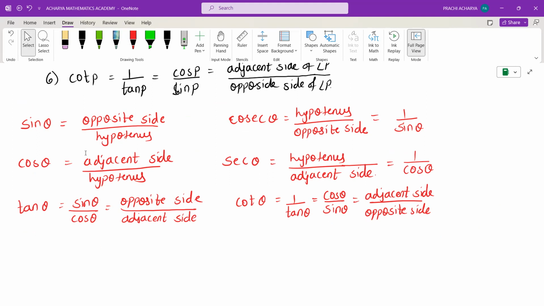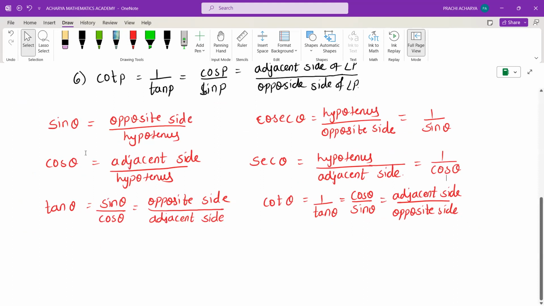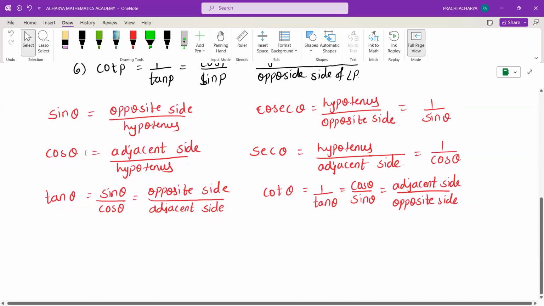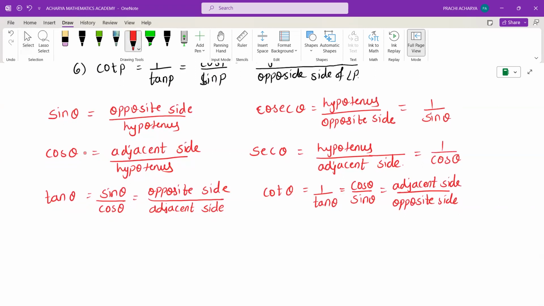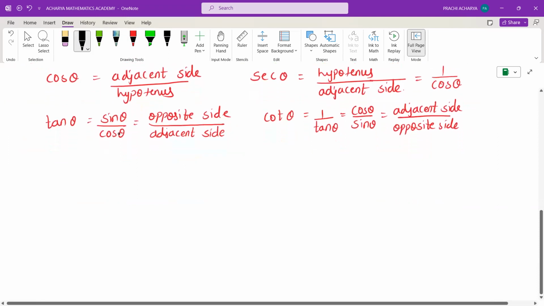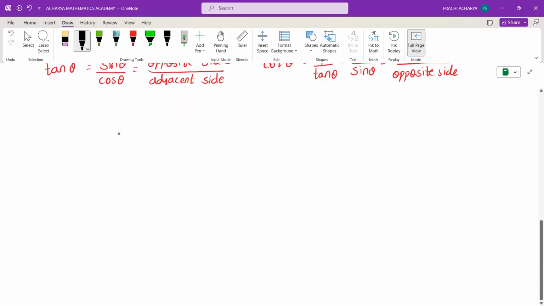Now, another thing that we can identify from the 6 ratios is that, as we just discussed, for the first one, let's talk about sin theta and its reciprocal cosec theta. As we have learned in our I guess 7th or 8th standard, that reciprocals का जो multiplication होता है, that is always 1, because 1 is a multiplicative identity.